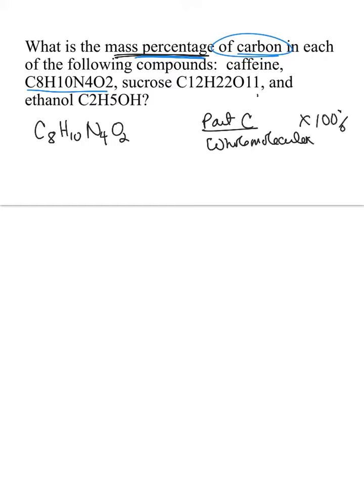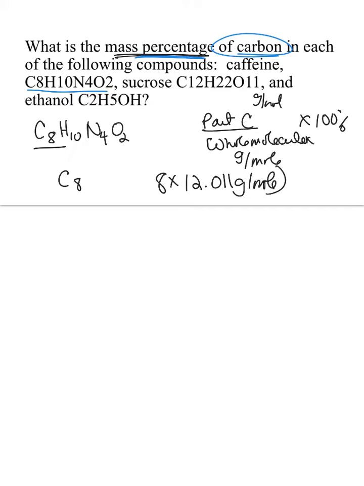So the part of the carbon, and that's grams per mole, the whole of the molecule is grams per mole. So we have C8, so 8 times 12.011 gram per mole of carbon, and then we have to do the formula mass of our molecule.